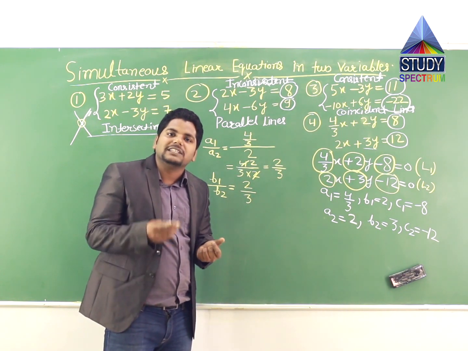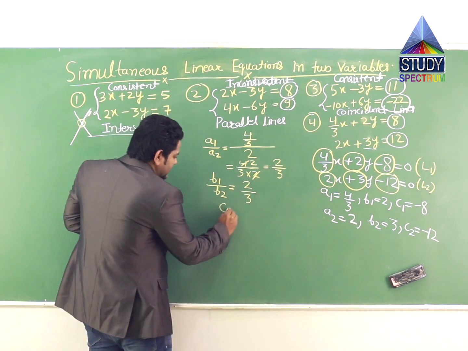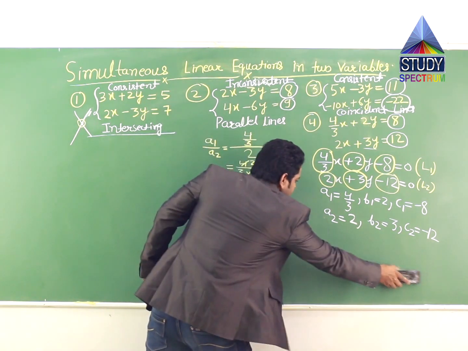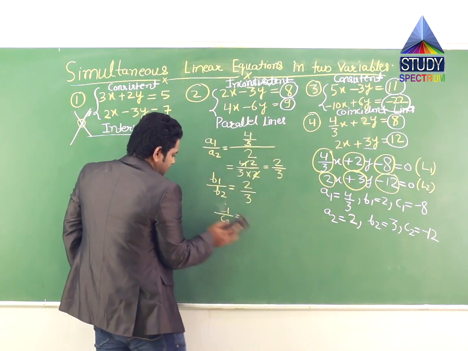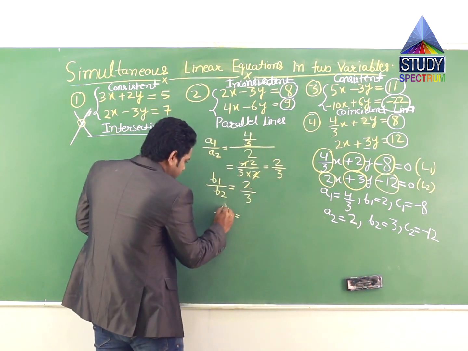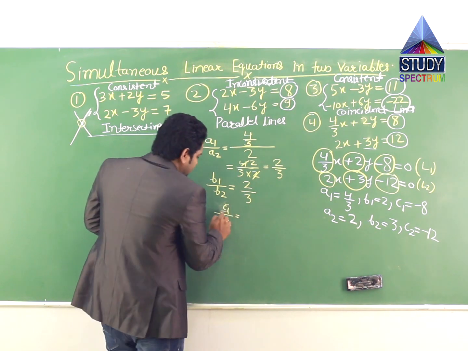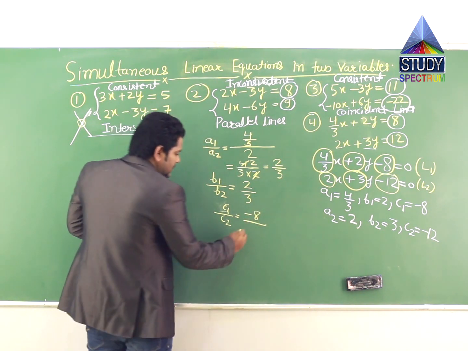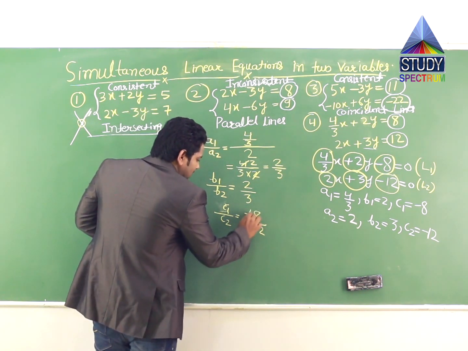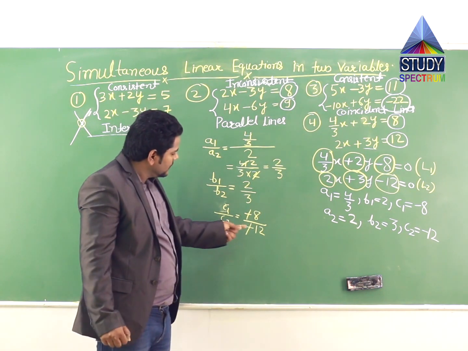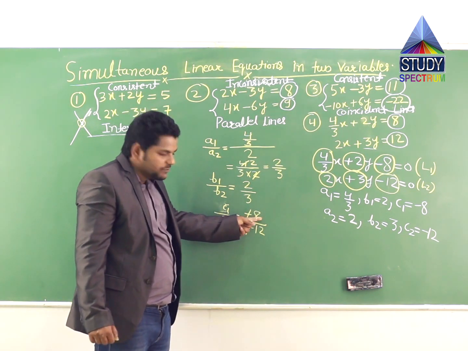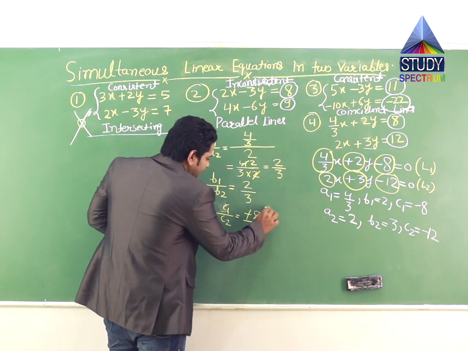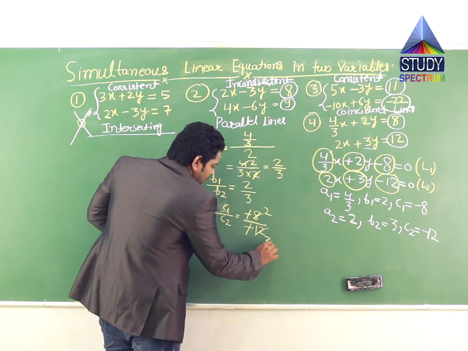Now come to find C1 by C2. Here C1 is minus 8 and C2 is minus 12, the minus cancels out. 8 is divisible by 4 and 12 is also divisible by 4. So 4 2s are 8 and 4 3s are 12.